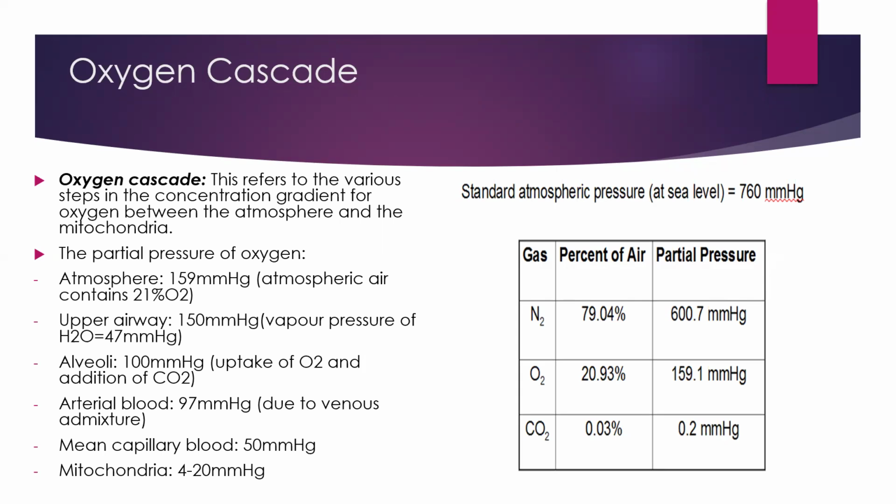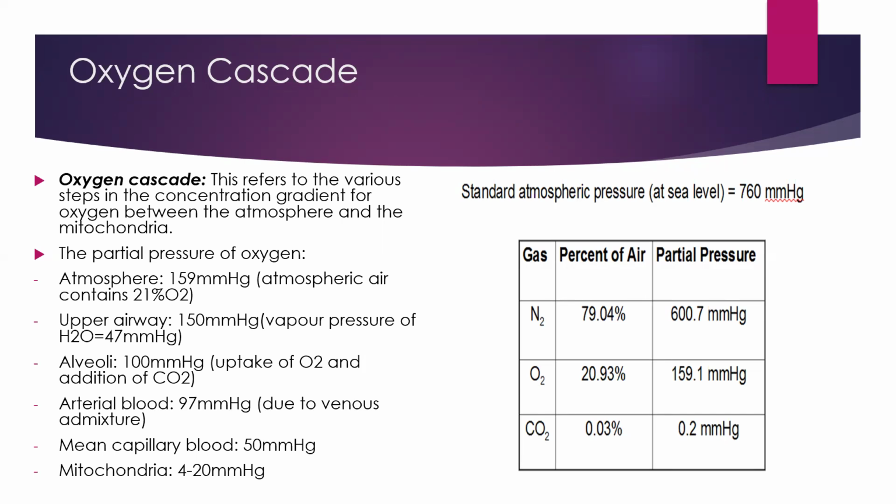This is due to uptake of oxygen by the pulmonary circulation. At the arterial blood, due to venous admixture, this partial pressure gets reduced further to 97 millimeters of mercury. At the mid-capillary blood, it's about 50 millimeters of mercury, and at the mitochondrial level it is between 4 to 20.